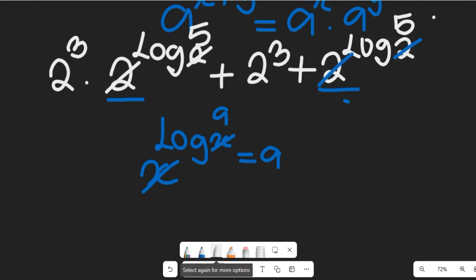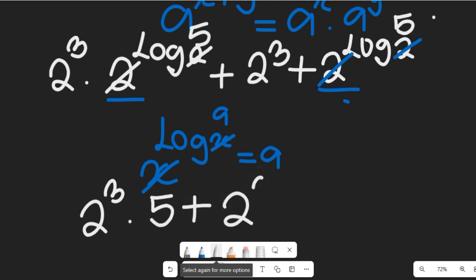So we'll be left with 2 to the power of 3 multiplying 5 plus 2 to the power of 3 multiplying 5.